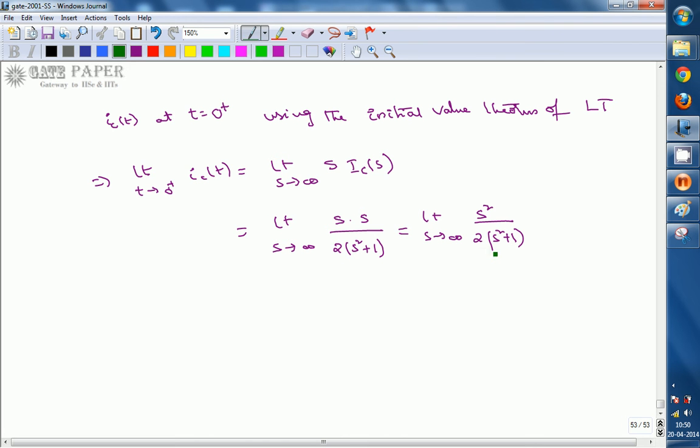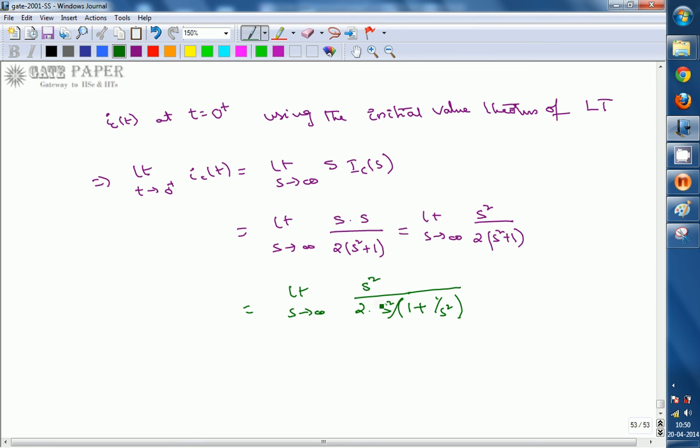So in order to substitute s equals infinity, take the S square as common in both numerator and denominator. So limit s tends to infinity, taking the S square as common in the denominator, this becomes 2 into S square of 1 plus 1 by S square.